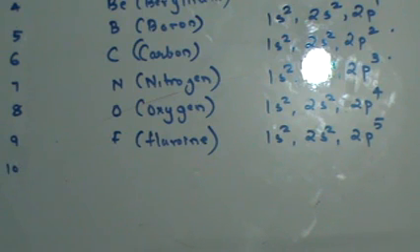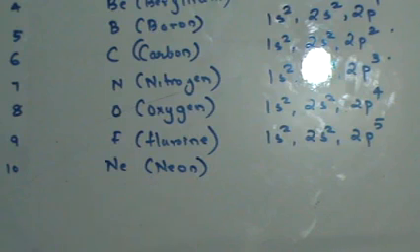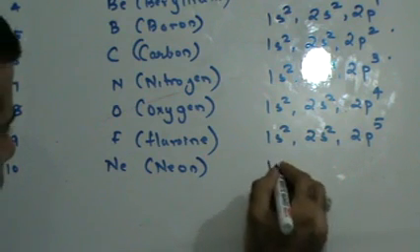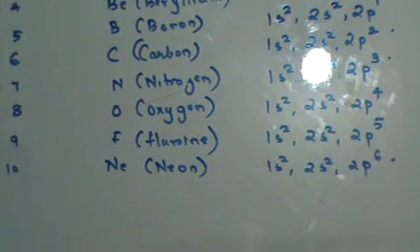After fluorine, you have neon. Neon, please write the configuration for neon. 1s2, 2s2, 2p6. First orbit can take 2 electrons.